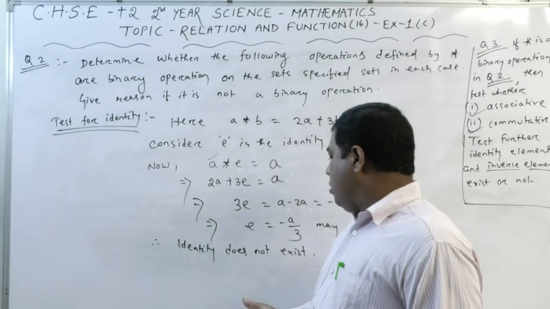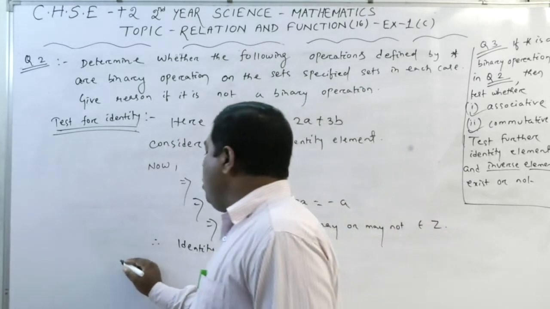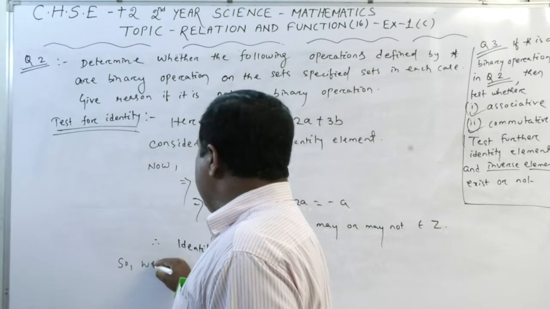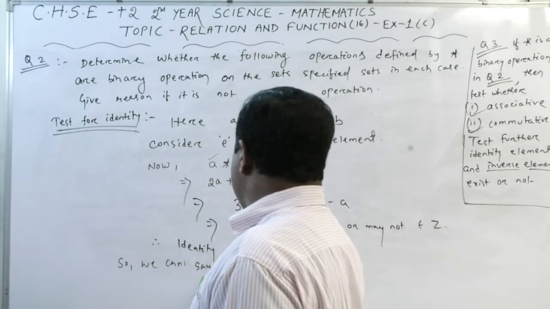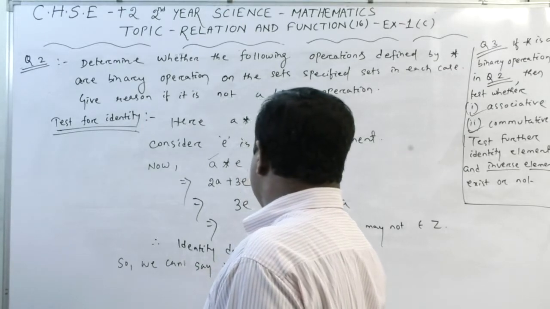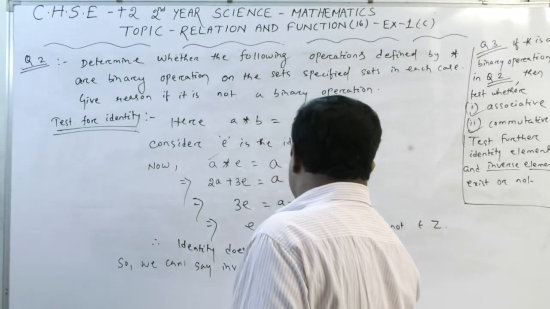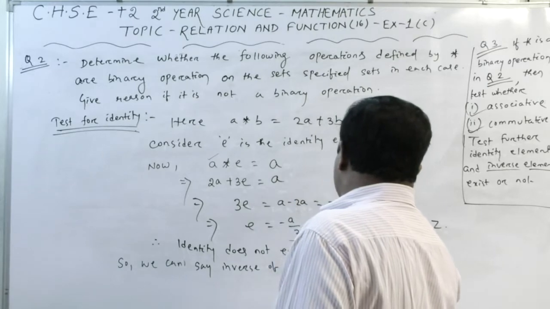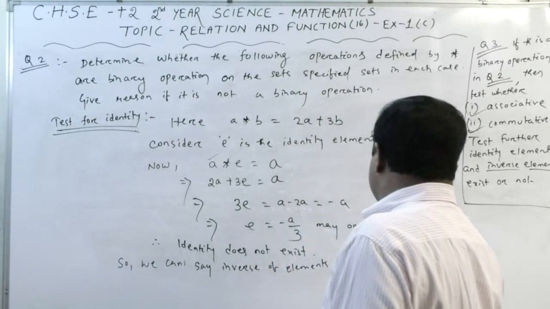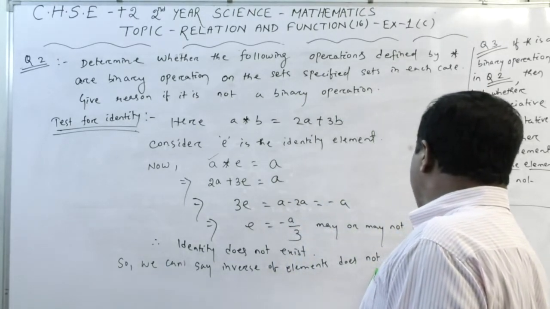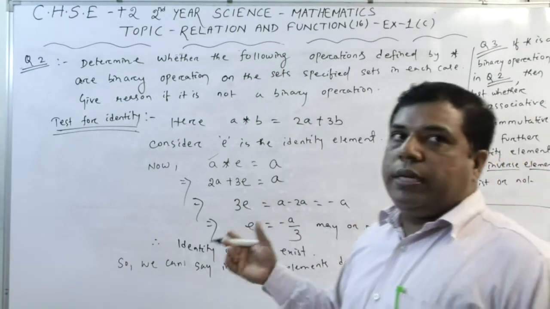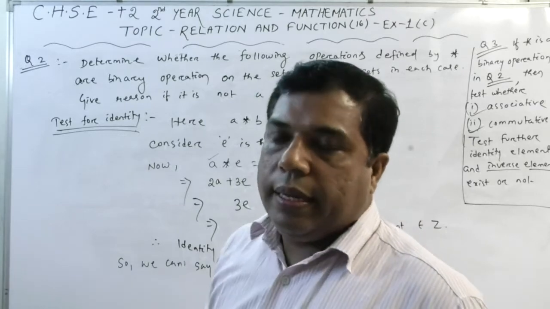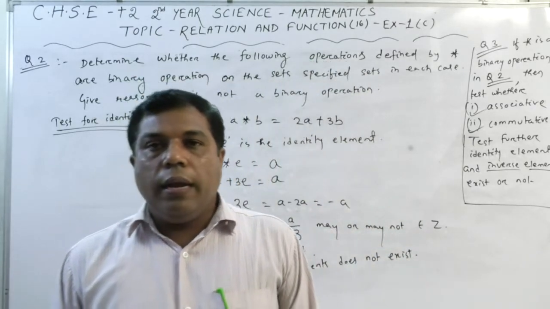But here identity does not exist. So we can say inverse of elements does not exist.